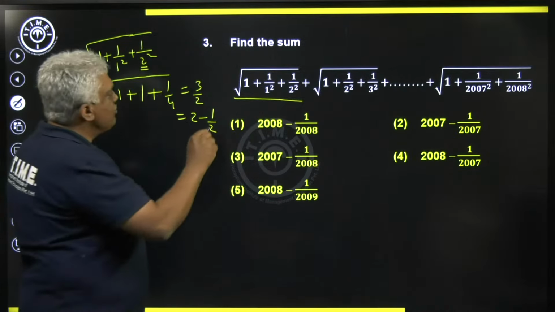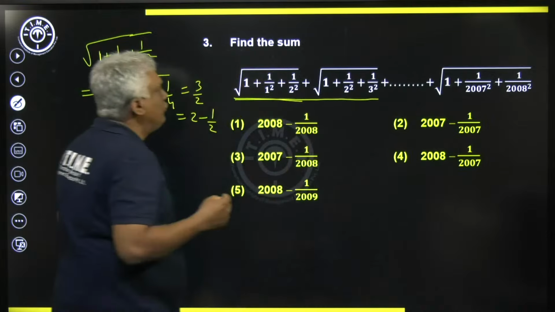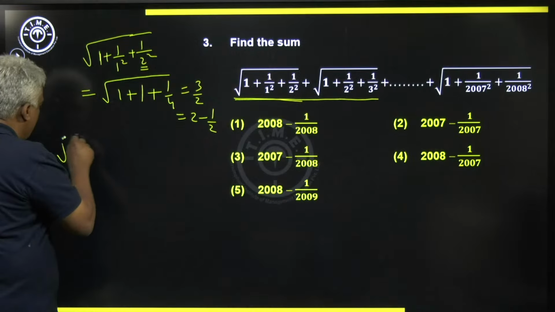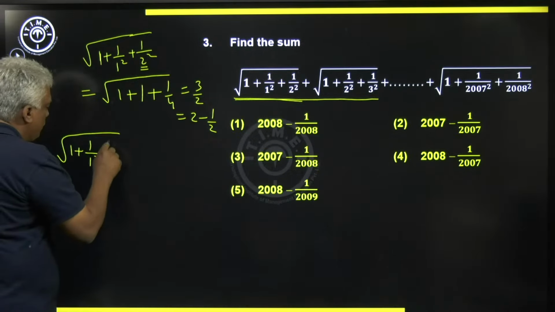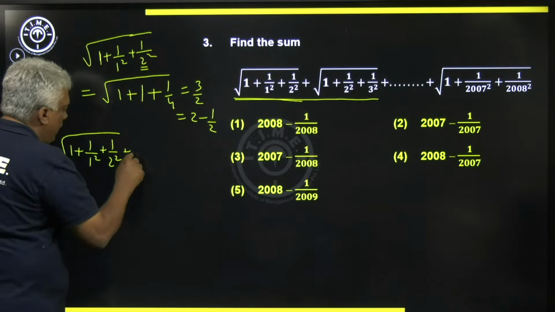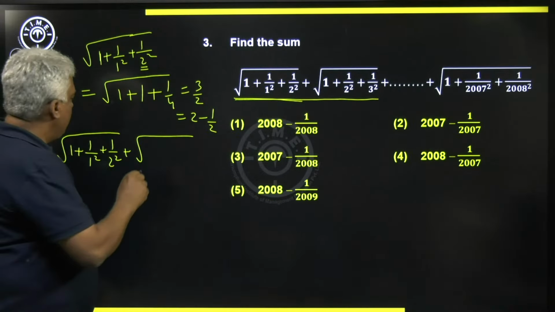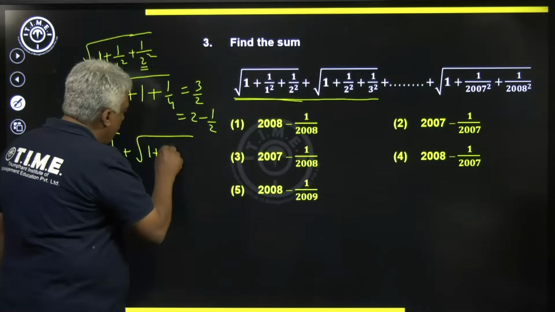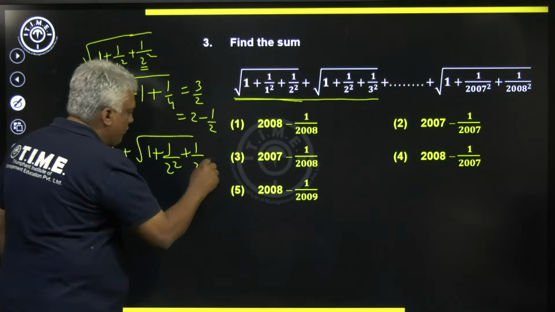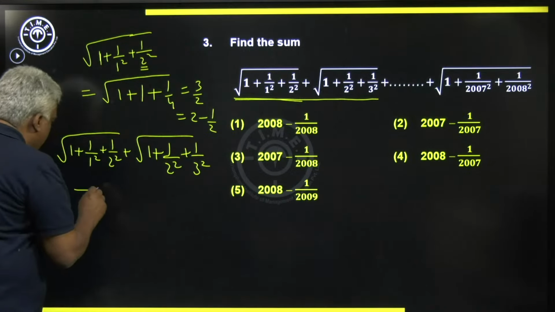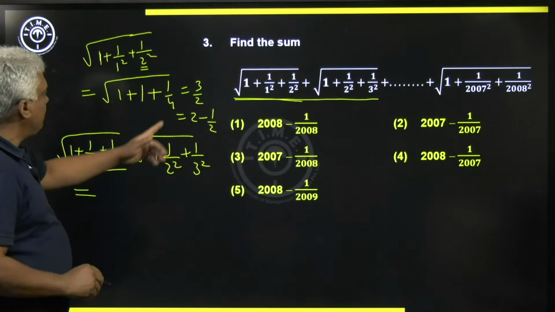Now we can take these two terms, right? So if you take 1 plus 1 by 1 square plus 1 by 2 square, plus the next term, that is 1 plus 1 by 2 square plus 1 by 3 square. If you calculate this, this term we already have, that is 3 by 2.